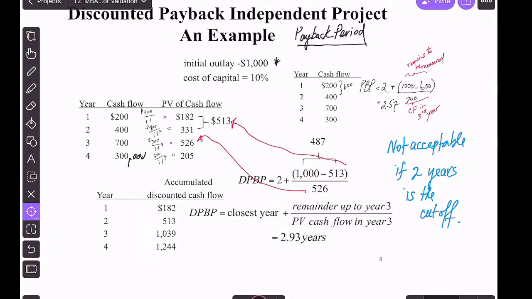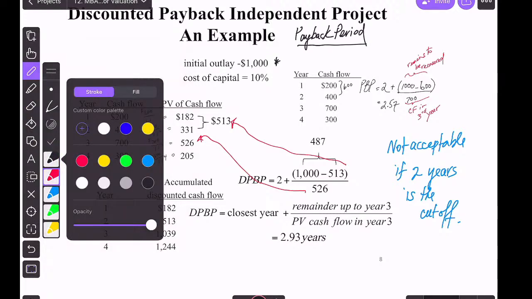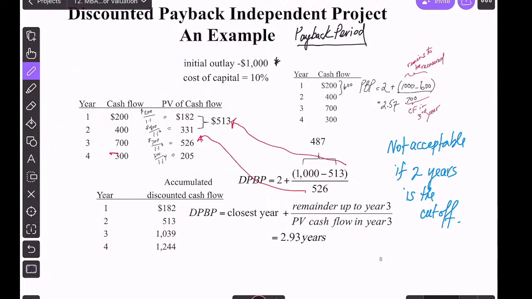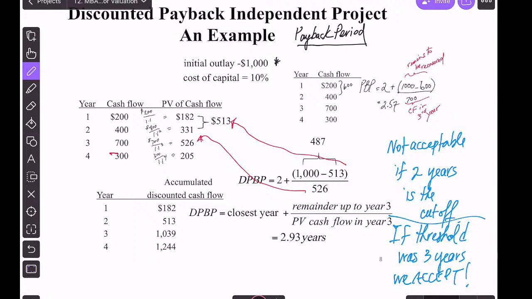That might be really good. What if it wasn't 300,000? What if it was negative 300? If it was negative 300, and let's say the threshold was 3 years, you would accept the projects.